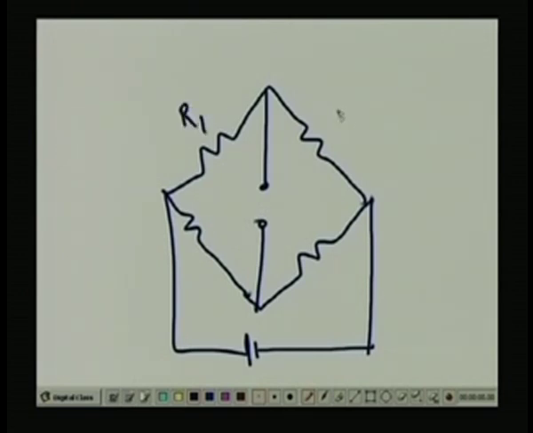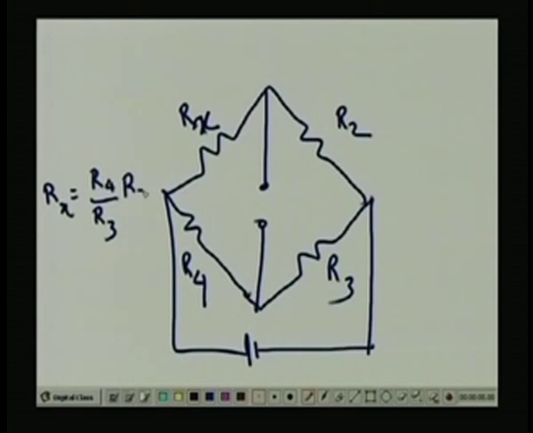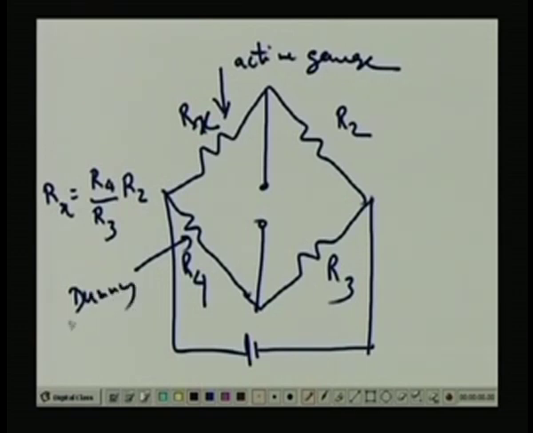so this is R1, R2, R3, R4. This is our strain gauge, suppose Rx. As I told you before, Rx equal to R4 by R3 into R2. So, this is our active gauge, this is our dummy gauge, right.